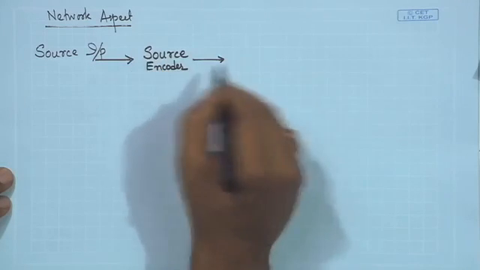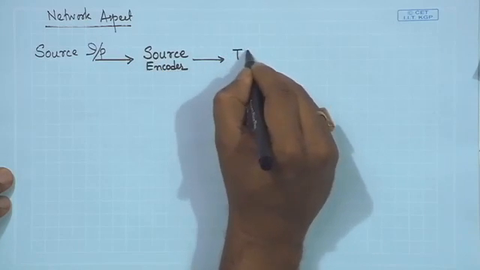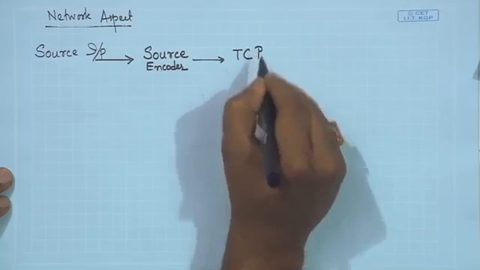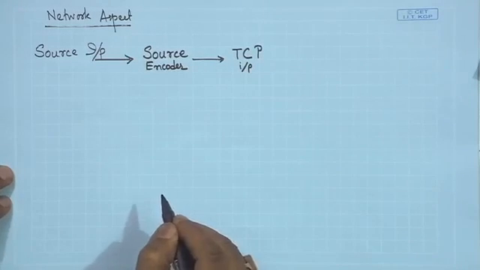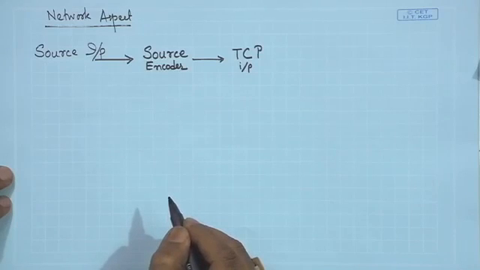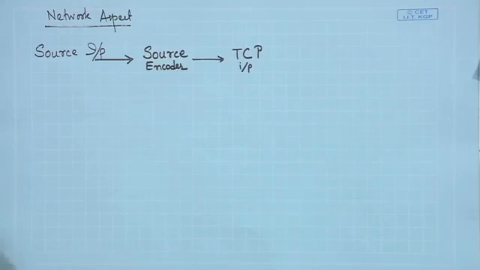Then the source encoder output goes into the TCP input. By TCP, we mean the transmission control protocol, which you generally use for TCP/IP address setting, and for quality of service, error corrections, and so forth. So this is going into the network layer.